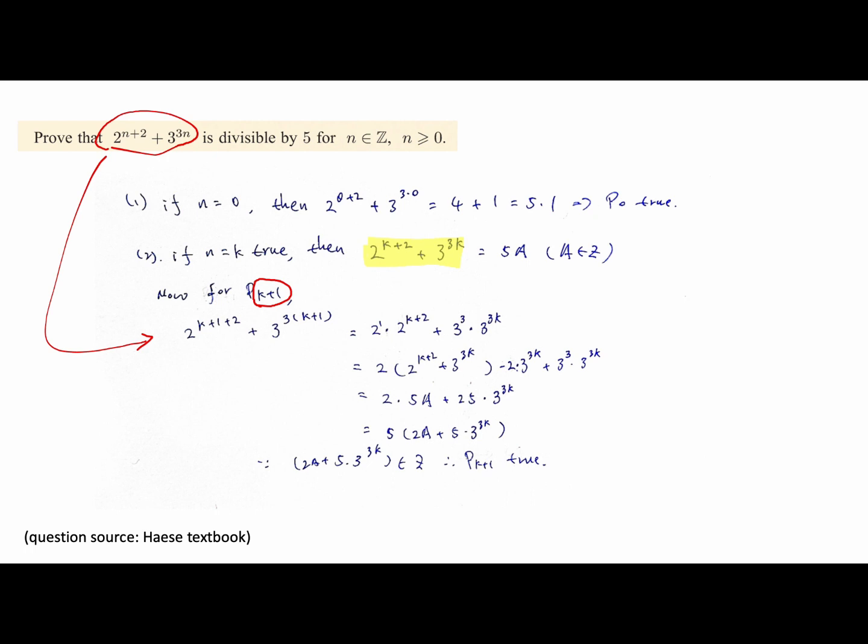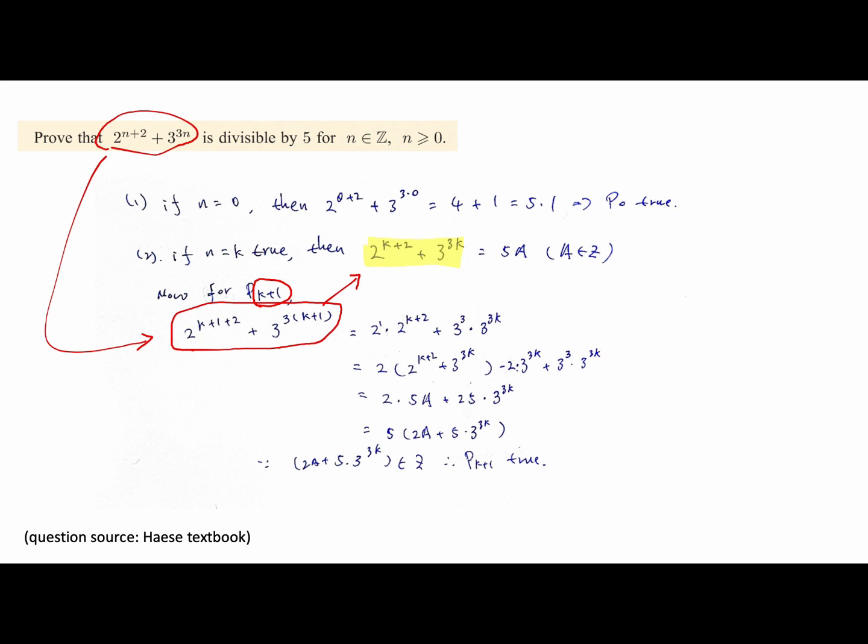Look at the assumption, the one highlighted in yellow. The way we use it is to rearrange this expression to look like the one highlighted in yellow. Then what I would do is split the power.